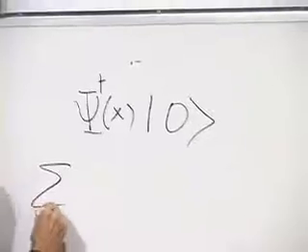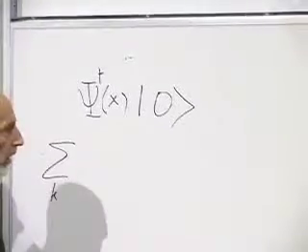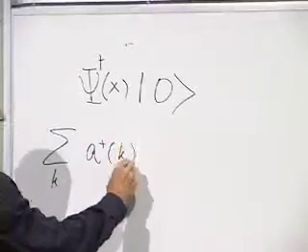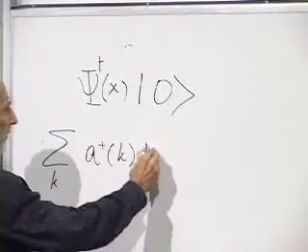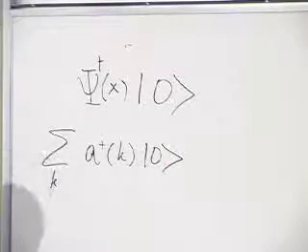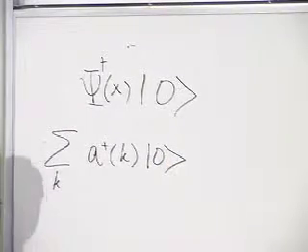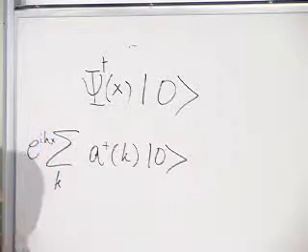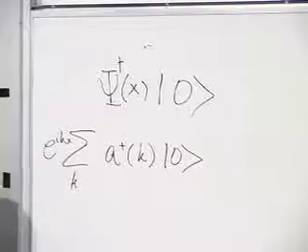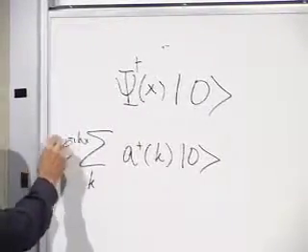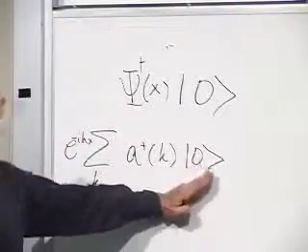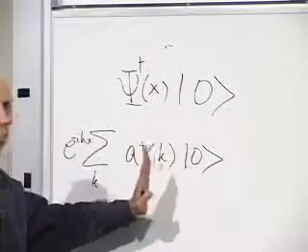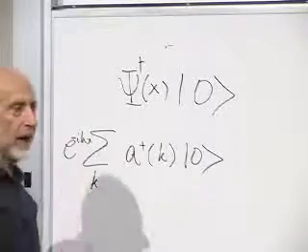We write sum over k of a plus of k acting on the vacuum, times e to the minus i kx. But what is this object here? This is an object which just represents one particle with momentum k.